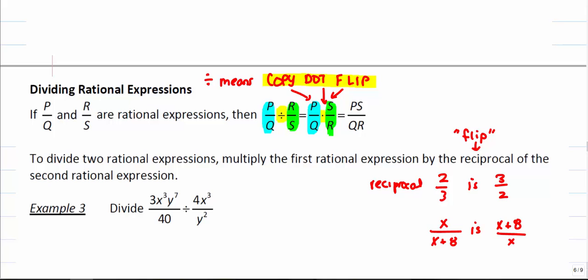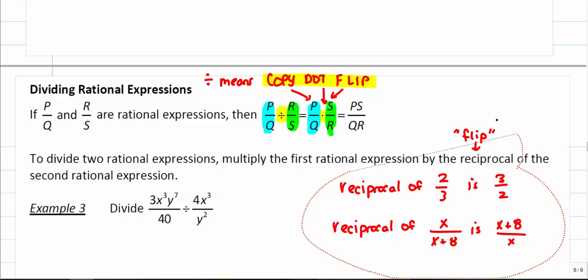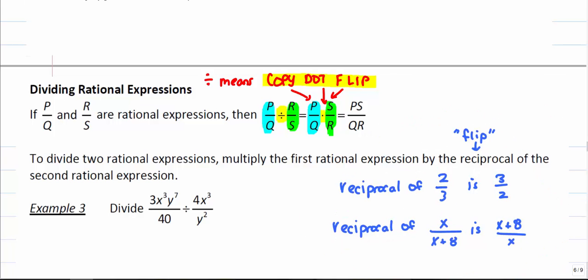So reciprocal, let me write this as an example. The reciprocal of 2/3 is, and the reciprocal of x over 8. Reciprocal, guys, doesn't mean that you switch a sign.